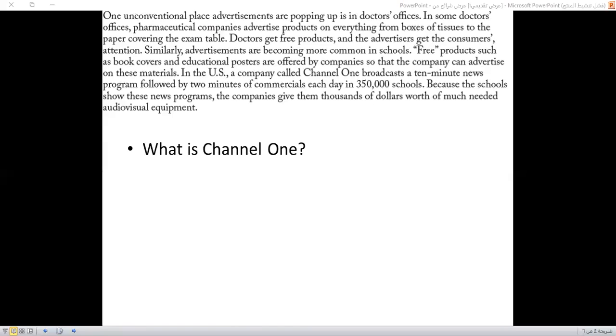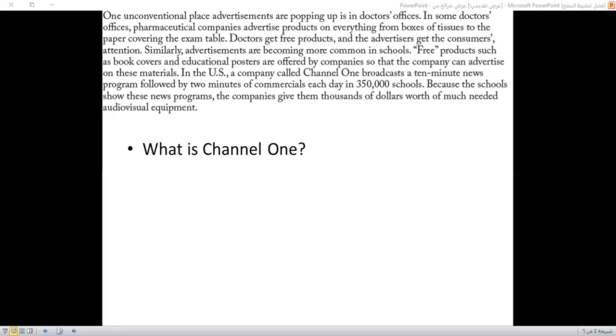Okay. What about this paragraph? It talks about two different things. It talks about the advertisements that we can find in a doctor's office. If you notice, if you went to the dentist or a dermatologist, you're going to see that their walls are not bare.